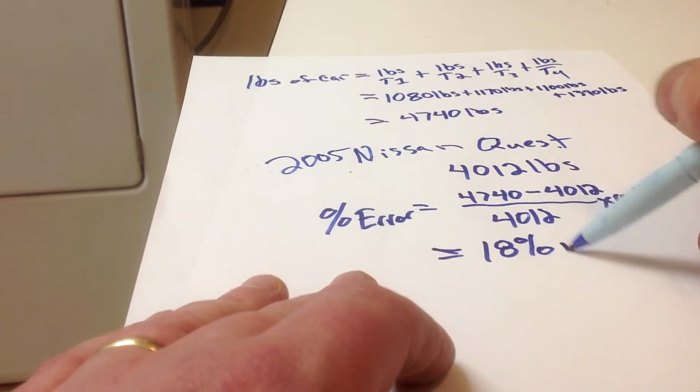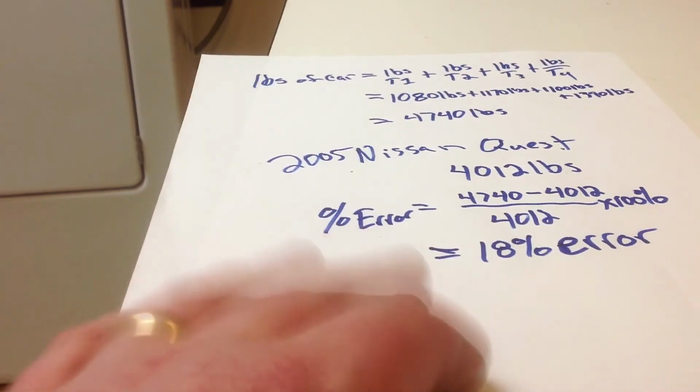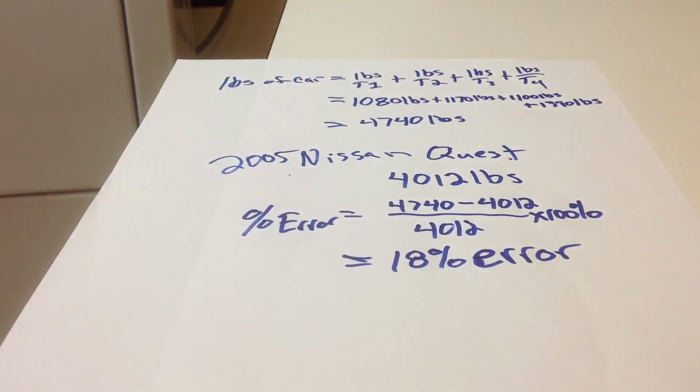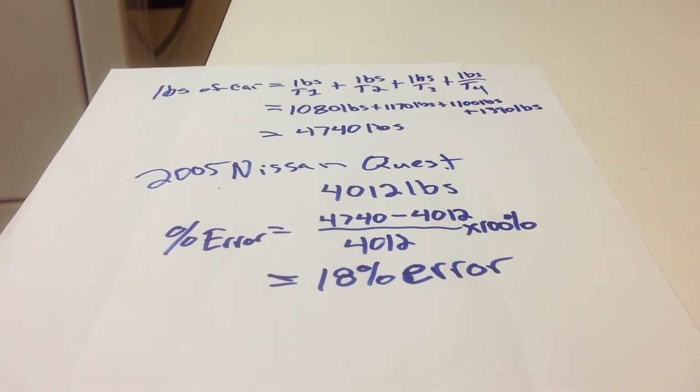18% error. Now, I can tell you I already know where that error is coming from. It's coming from the way that I marked off the square inches, because it wasn't always straightforward. I tried to get it as best as I could. So the thing I haven't figured out is how to best get a more accurate measure of that. Maybe if I sprayed paint or something around it, but then that causes a mess.